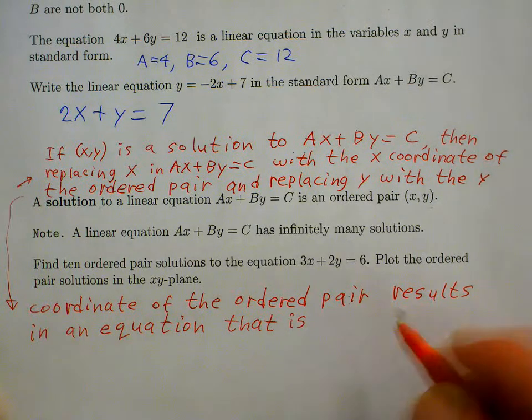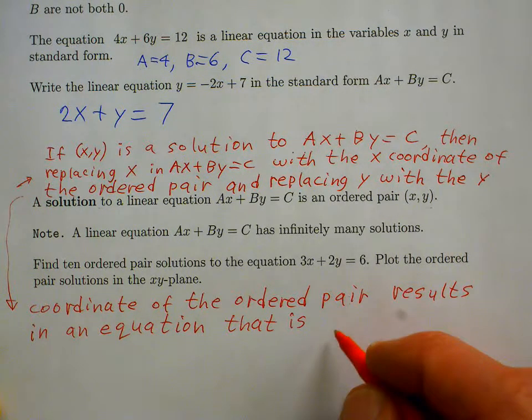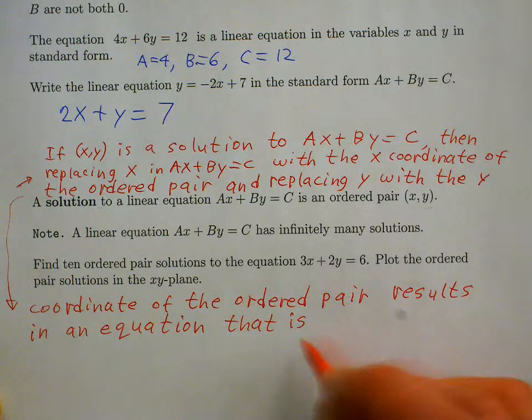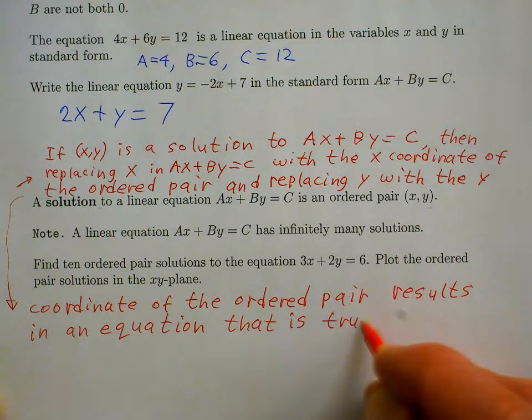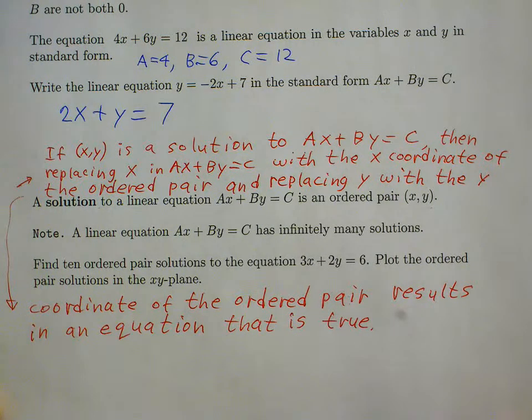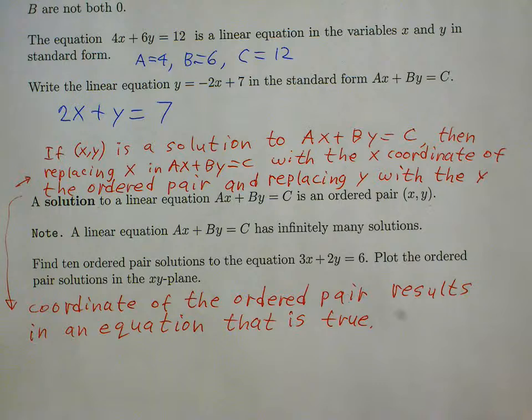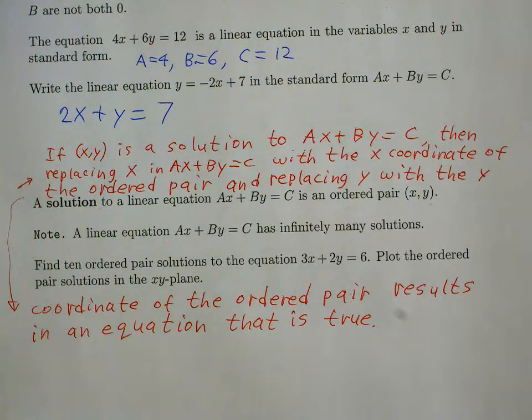That seems to make sense, doesn't it? We've learned how to solve linear equations in one variable. We did that a few days ago. For example, 2x plus 6 equals 0. That's called a linear equation in one variable.